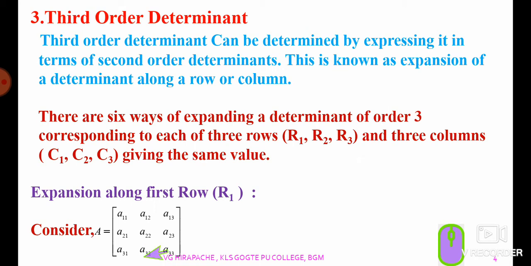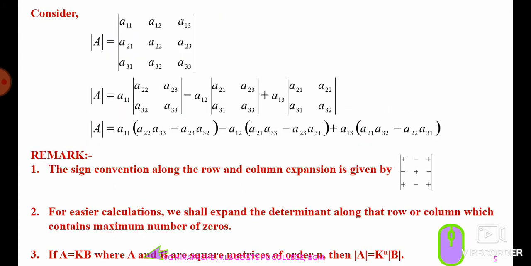This is a third order matrix. Now we are going to convert into determinant of A and evaluate the third order determinant. Consider the determinant of A is equal to determinant. The first row elements are A11, A12, A13. Second row elements are A21, A22, A23. And the third row elements are A31, A32, A33.